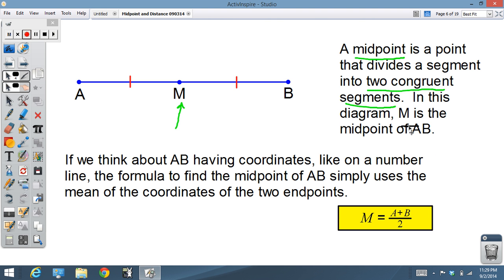M is the midpoint of segment AB. So now if we think about AB having coordinates like on a number line, here's the formula that we're going to use. The midpoint M is simply the average or the mean of the coordinates of the two endpoints. Like any average or any mean, we add up the values and divide by 2.